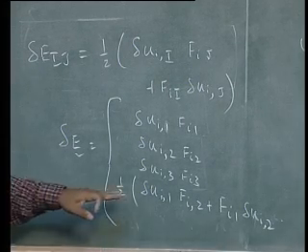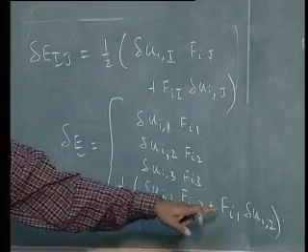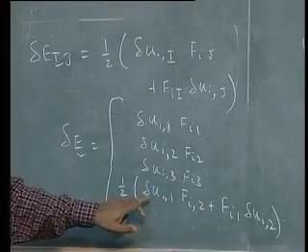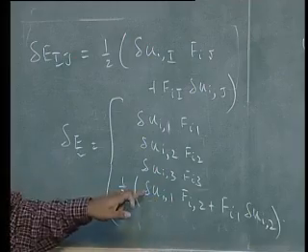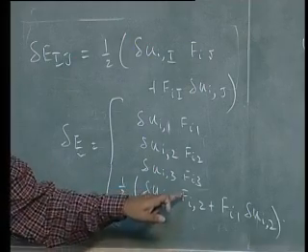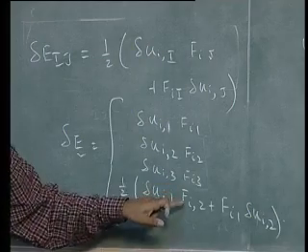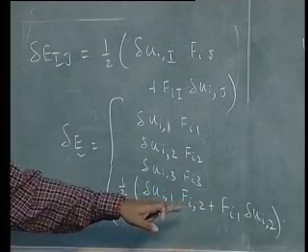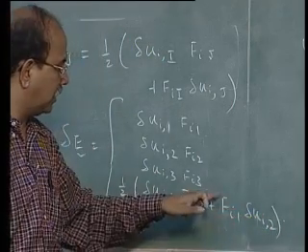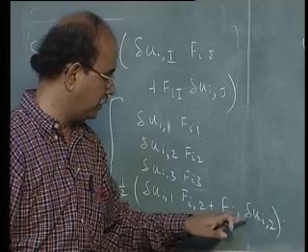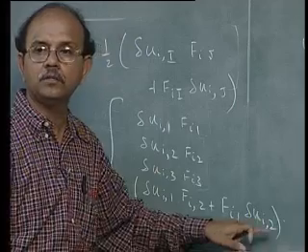That is, in other words, this whole thing consists of 3 terms here, 3 terms here, huge terms. δu_1,1 F_12 plus δu_2,1 F_22 plus δu_3,1 F_32 plus F_11 δu_1,2 plus F_21 δu_2,2 plus F_31 δu_3,2.